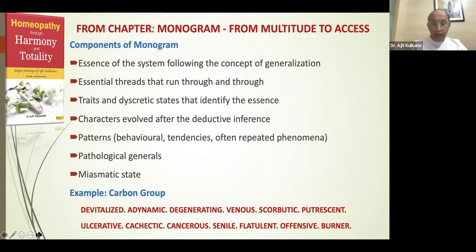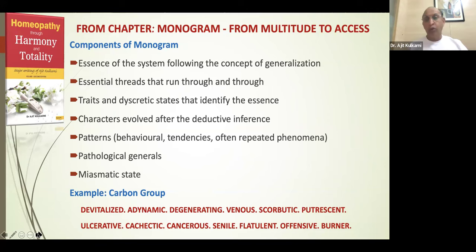So these are the words. If you combine all these words together, you understand the system of the carbon group in a far better way. Then according to the carbon remedy, some changes occur, although most of the remedies do possess these unique characters.